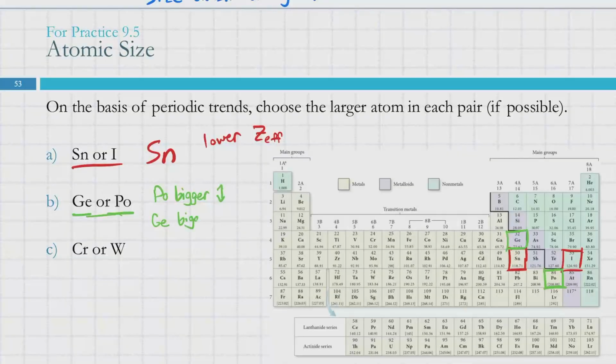Ge is bigger left, right. What do we think makes a bigger difference? Adding on a whole other shell or slightly changing the effective nuclear charge? Adding a shell is probably a bigger effect. So polonium, probably the bigger of the two, because the up-down is probably a bigger effect than the left-right, at least with how different these are.